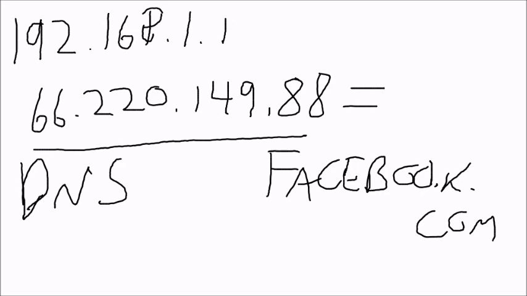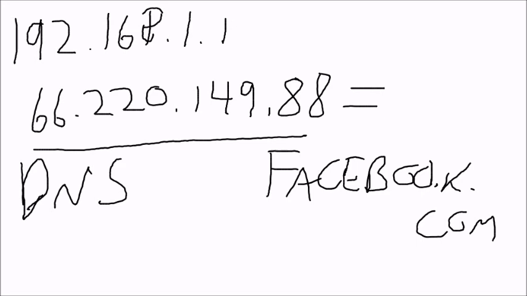When we put in that we want to access Facebook.com, the browser sends a message out to what's called the domain name system. And it says, what's Facebook.com's number? It comes back and says, it's 66.220, blah, blah, blah. Right? And so now the computer says, okay, I want to send a message to 66.220.149.88.